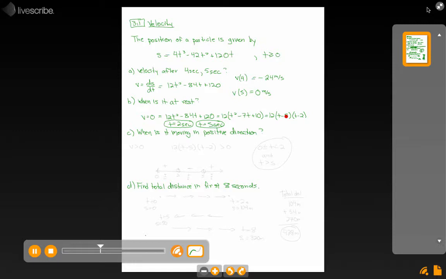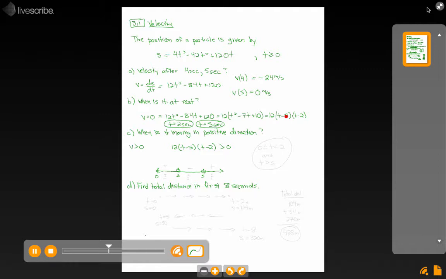Now when is it moving in a positive direction? It's just when is velocity going to be greater than 0. So if I take that same function and maybe even just take the factored version of it, 12 times t minus 5 times t minus 2, and say when is it greater than 0, really this is where we've practiced this a little bit before. We know it stops at 2 and 5, so it won't be positive at those points, and we're only starting at 0.